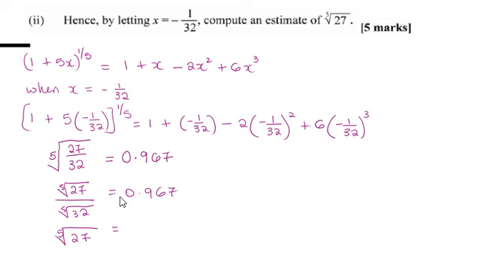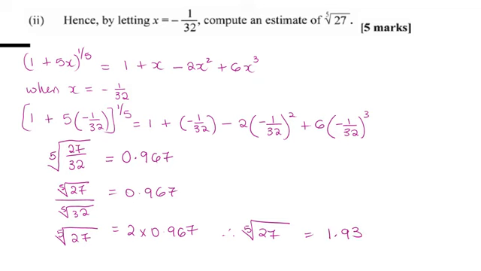Well, the fifth root of 32 is 2, so it's going to be 2 times 0.967. Therefore, the fifth root of 27 is 2 times 0.967, which gives me 1.93.